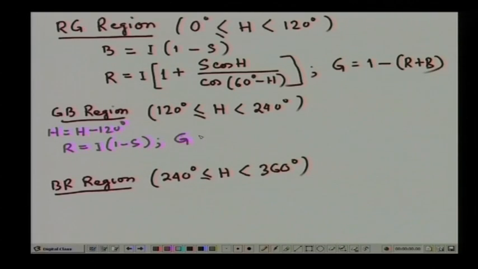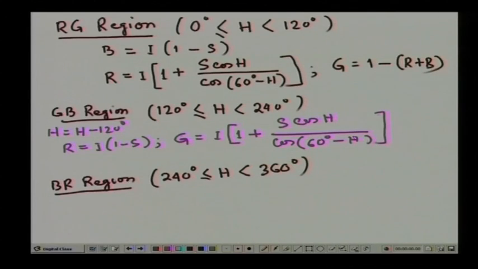G is given by I into (1 plus S cosine H divided by cosine (60 degree minus H)), and blue in the same manner is given by 1 minus (R plus G).